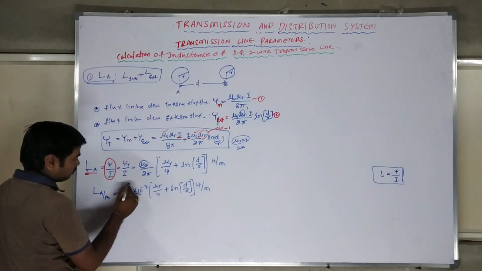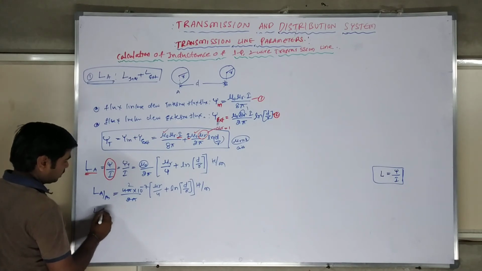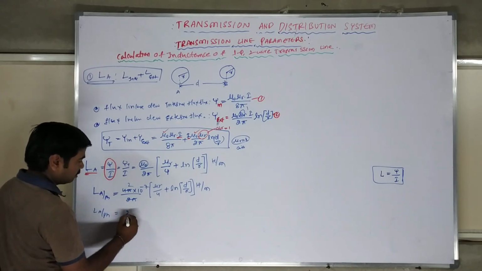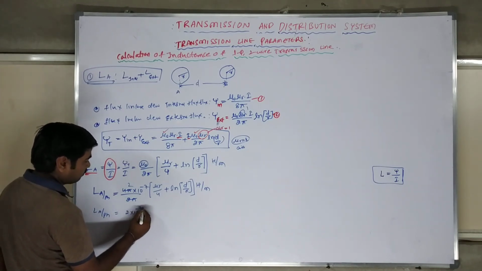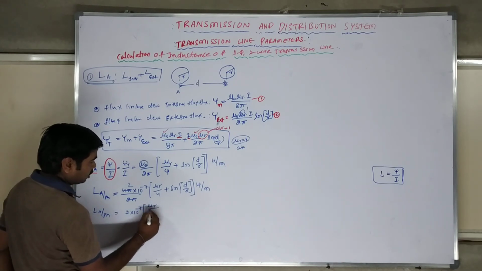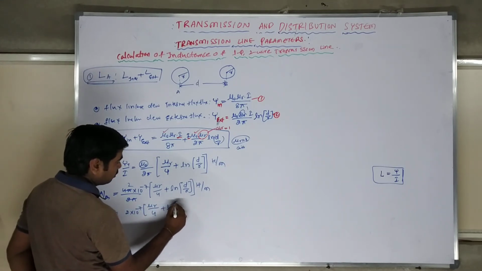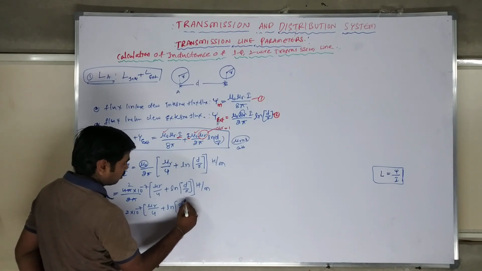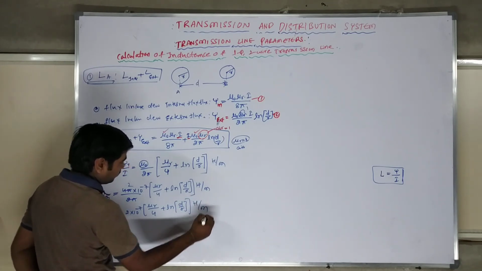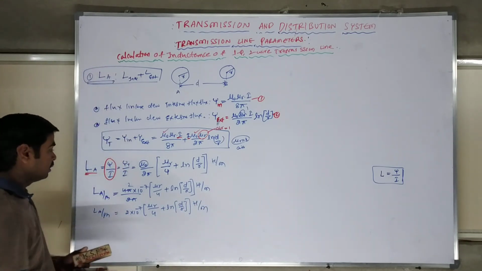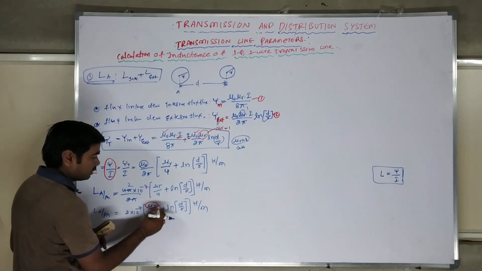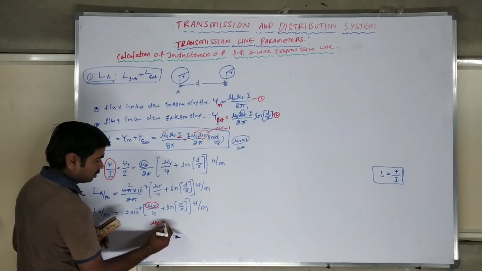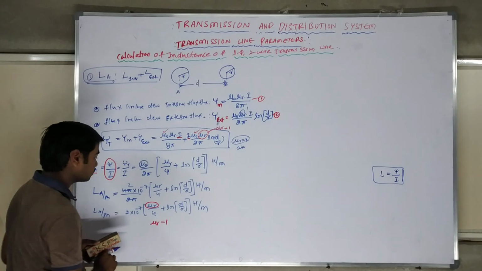So 4 pi by 2 pi gives 2, and inductance per phase is equal to 2 into 10 to the power of minus 7 into mu r by 4 plus ln into d by r Henries per meter, if you take the relative permeability of the material as 1.